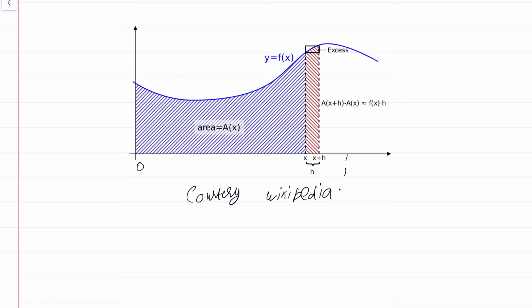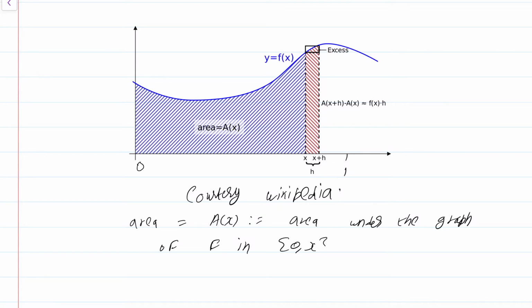Now what we are assuming is that you have a function, area, defined to be A of x, which is supposed to be the area under the graph of f in 0 to x. So you have a function that measures the area. In our notation, this is supposed to be captured by I from 0 to x of f.